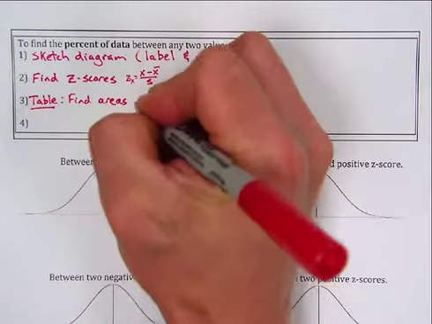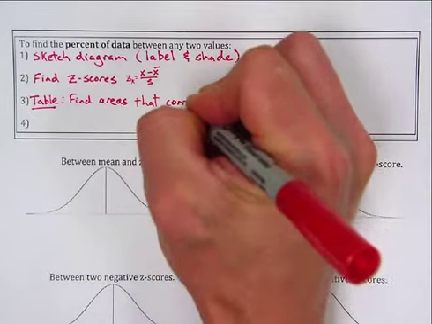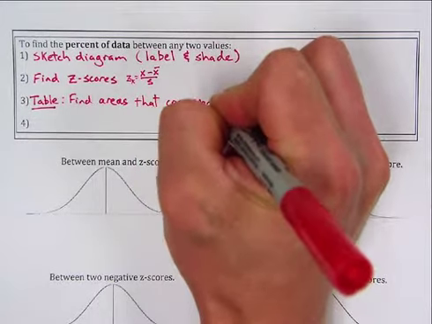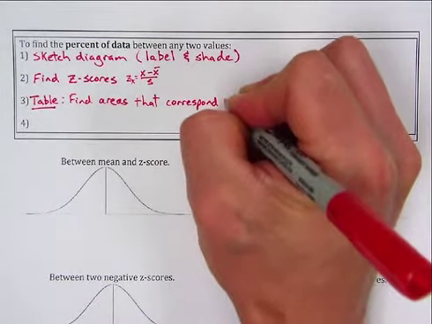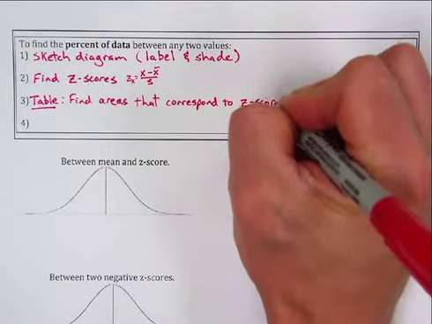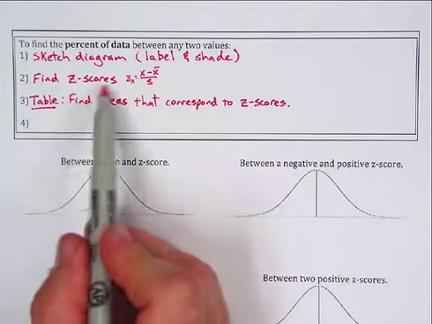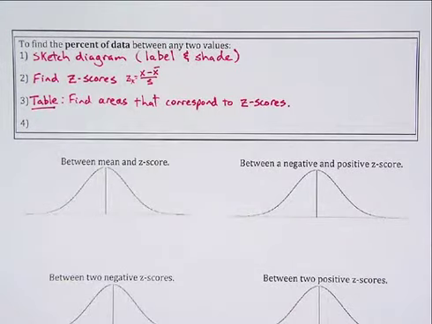And you find areas that correspond to your z-scores. Okay, and that's going to be for each z-score in the problem.